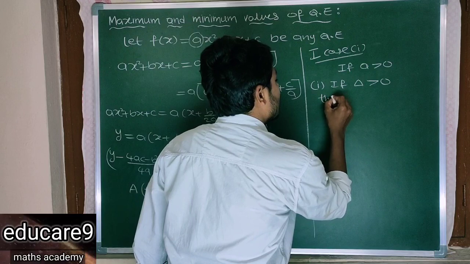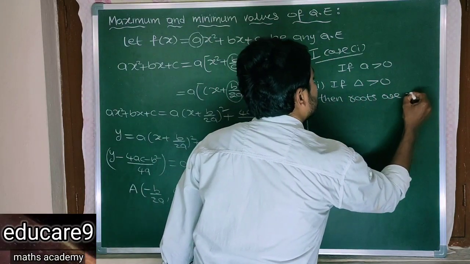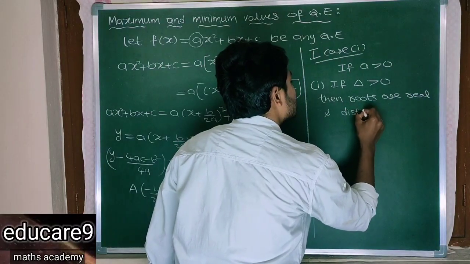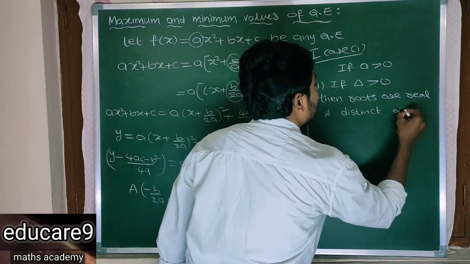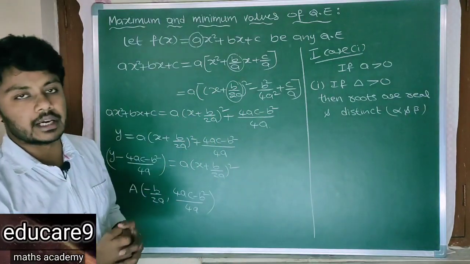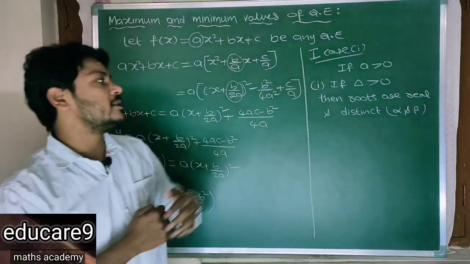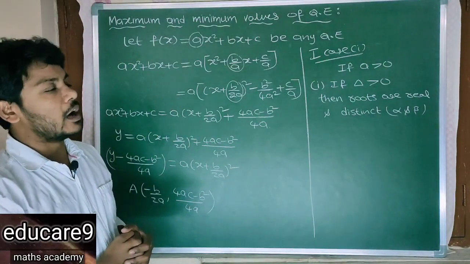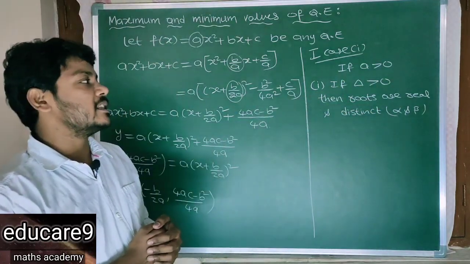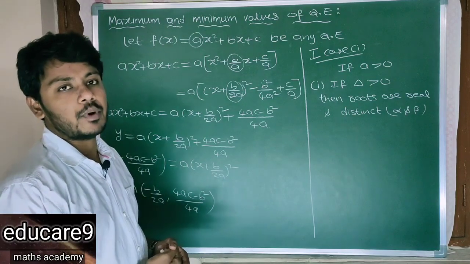So say alpha and beta are the roots of the given quadratic equation. And here a greater than 0 means the graph represents an upward parabola, and delta greater than 0 means that the parabola intersects the x-axis at two distinct points.